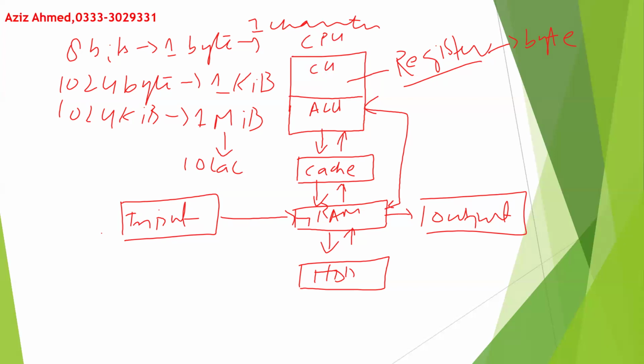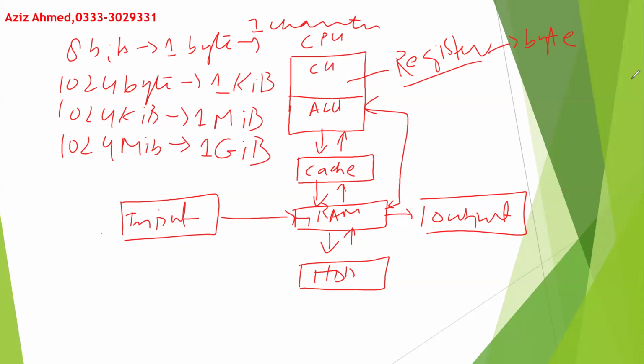Okay. Now what happened? Storage is increasing day by day. When you have 1024 megabytes, it becomes 1 GB. 1 GB means gigabyte.